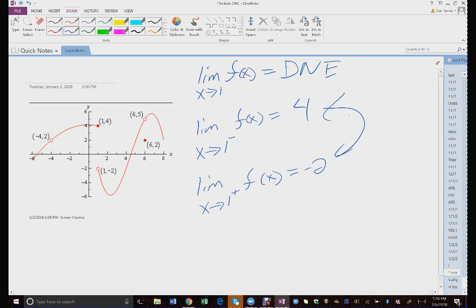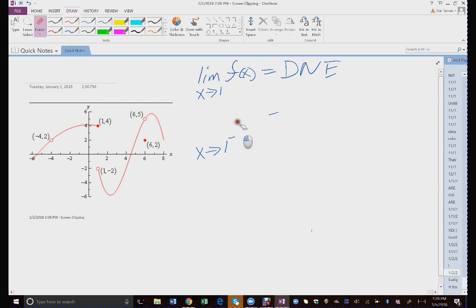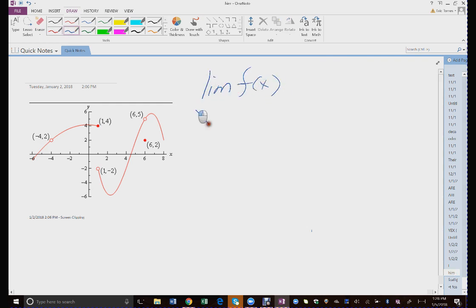Now, what's interesting here, let me hit my eraser. Let's take a look at this. The limit of f of x as x approaches 6 from the left.